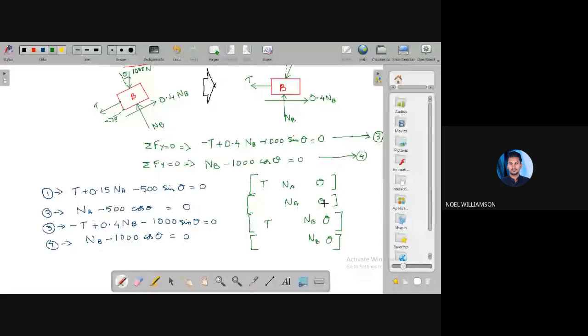For the second, it is the relation between Na and theta. Third, it is T, Nb, theta, and fourth, it is Nb and theta. So altogether, we have 4 unknowns and 4 equations. So solving these 4 equations, we will get the values for T, Na, Nb, theta, etc.